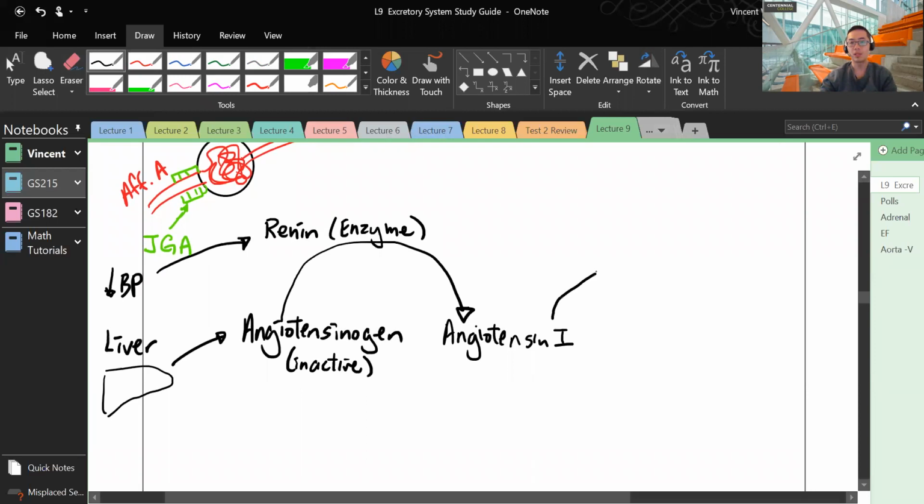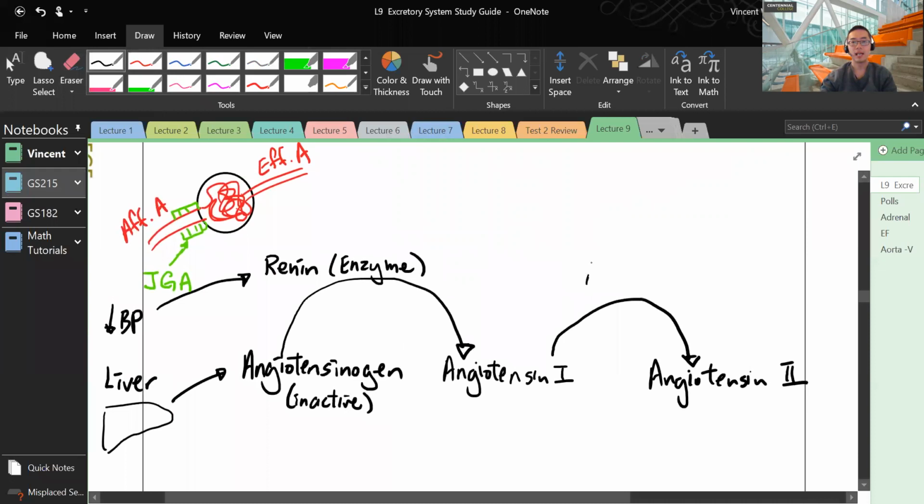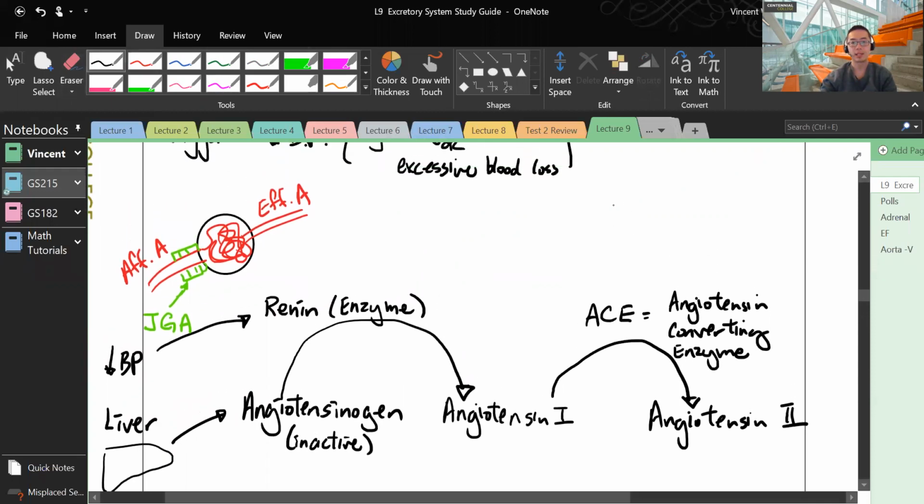Angiotensin number 1 will get converted into angiotensin number 2 by something called ACE, which is angiotensin converting enzyme. And this is from the lungs. So the lungs make the ACE.